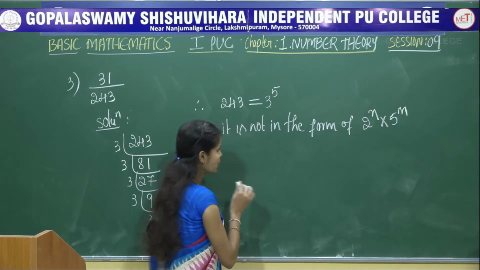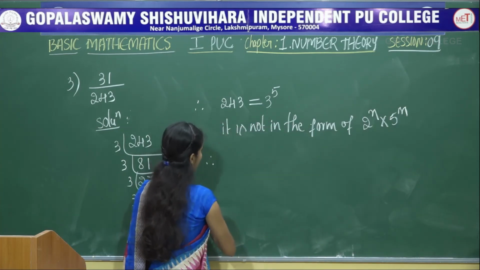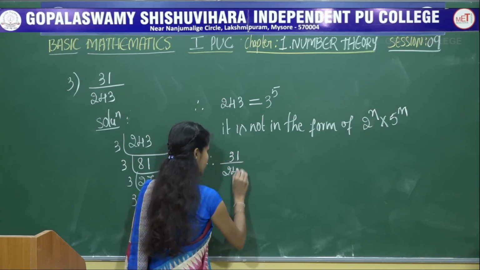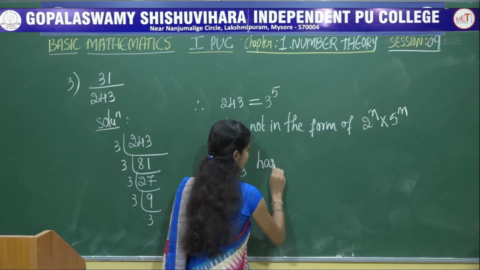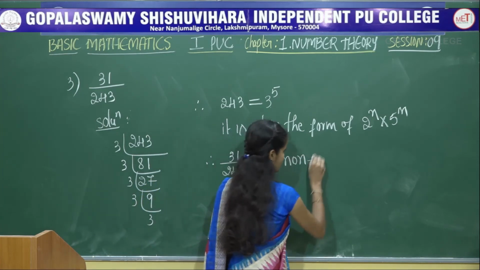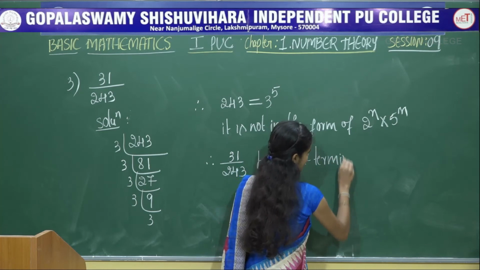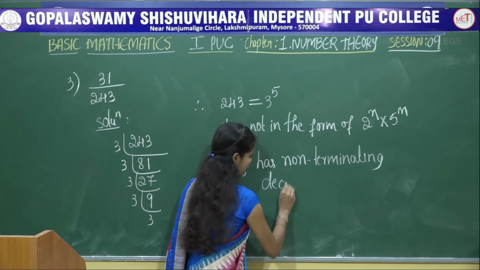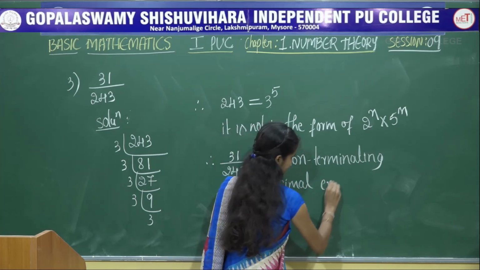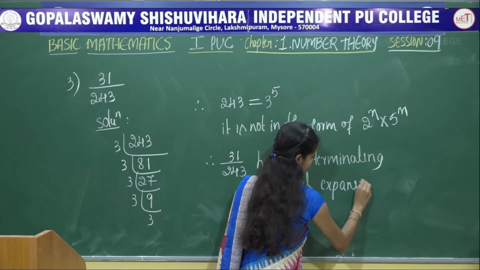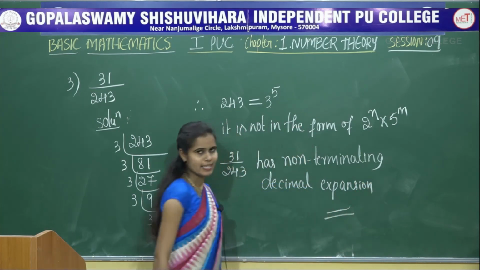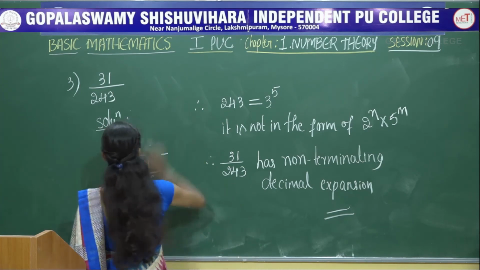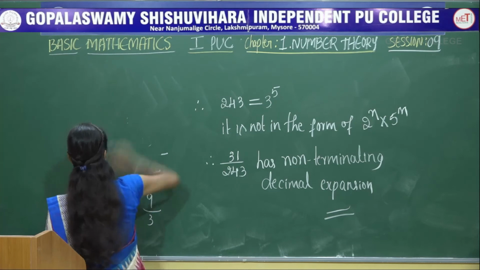Therefore, 31 divided by 243 has a non-terminating decimal expansion. Okay. Next, we have 2 more problems.